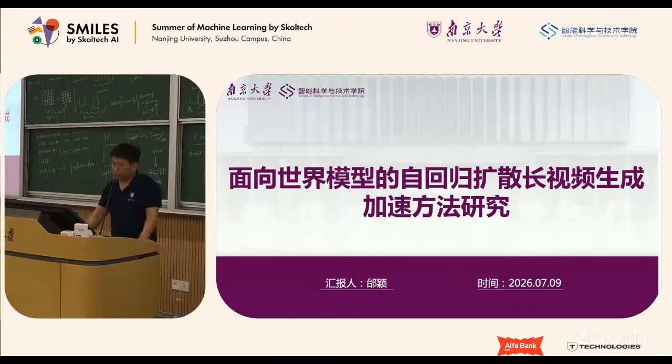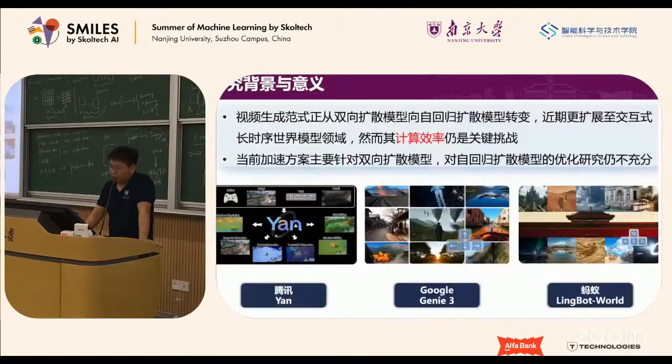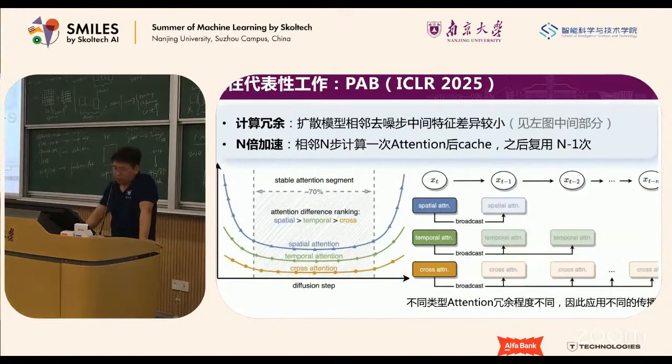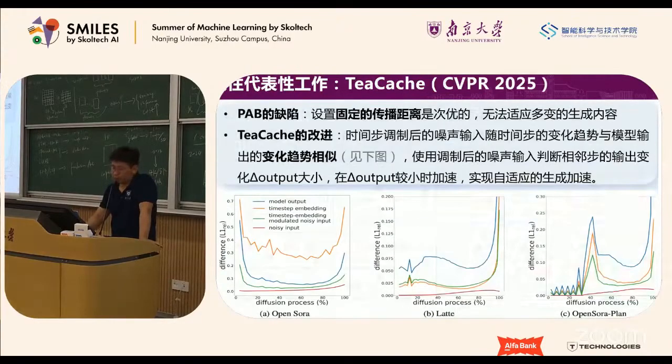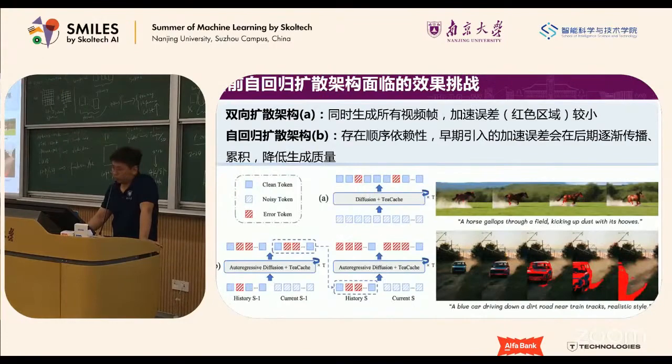In autoregressive diffusion models, we also observed your problem. Here, the red part is the accumulated errors in the previous autoregressive diffusion models. That's our observation, which is the same as your question.